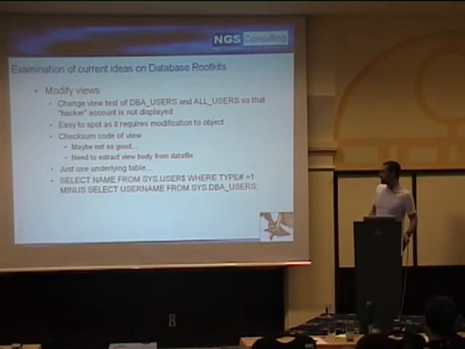So essentially, you need to go to the data file itself, extract the view body from that, and do your checksumming on that directly. Another way of not worrying about the views problem is to just use the underlying table itself. Rather than relying on DBA_USERS, just use the sys.user$ table and so on.